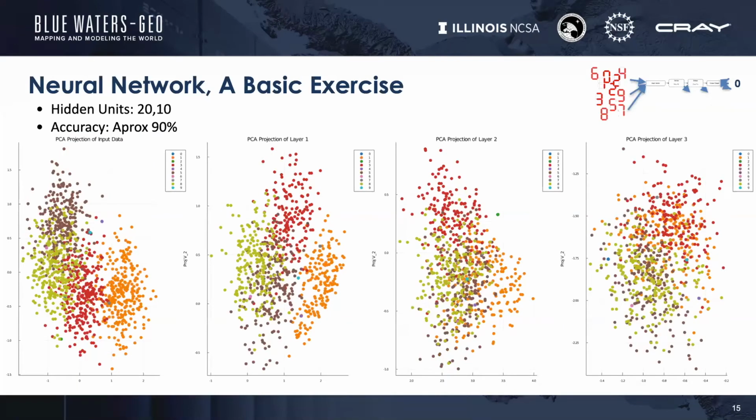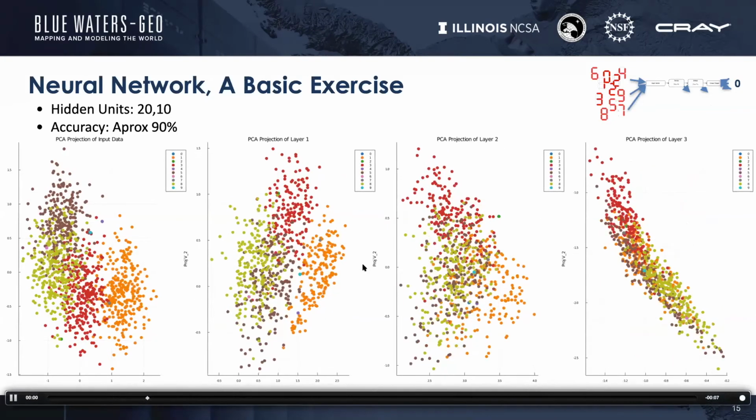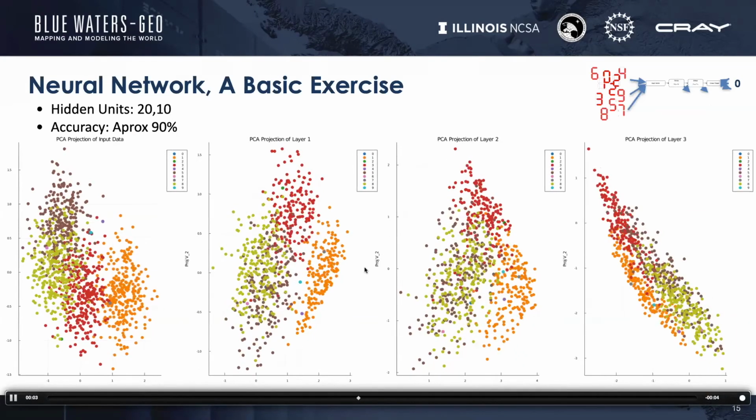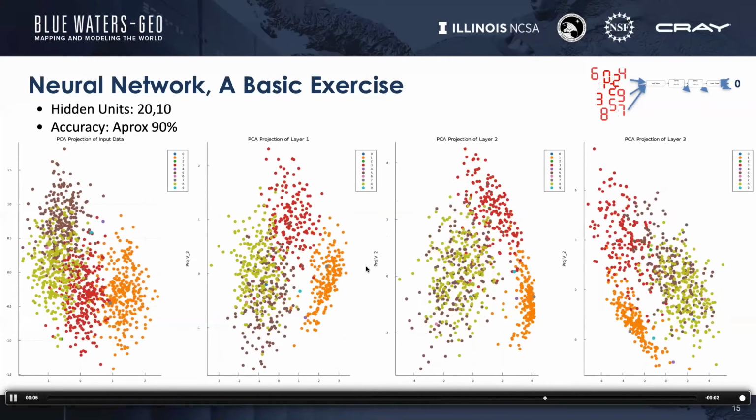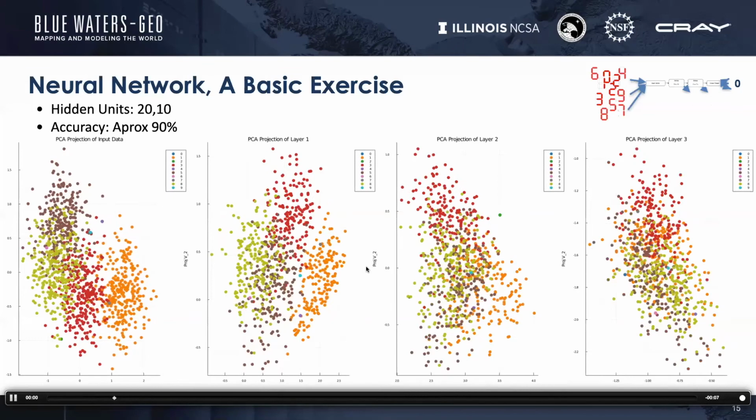So now what you're looking at is the way that each of these classifications are flowing through a neural network model that has 20 hidden units and 10 hidden units. It turned out when I trained this model, I was able to get an accuracy of 90%. And so the animation here is how the model is behaving after each training iteration step.